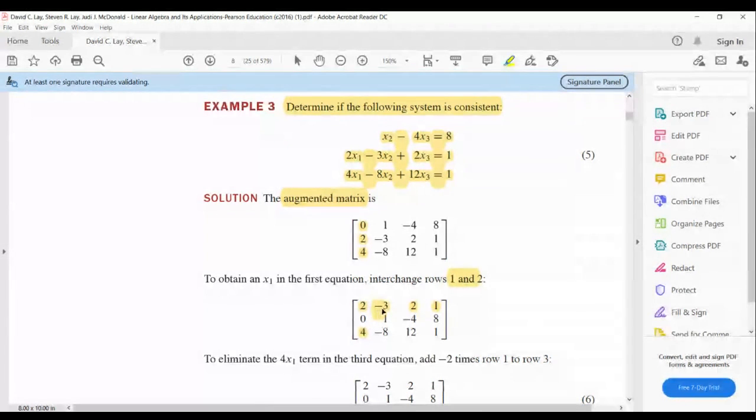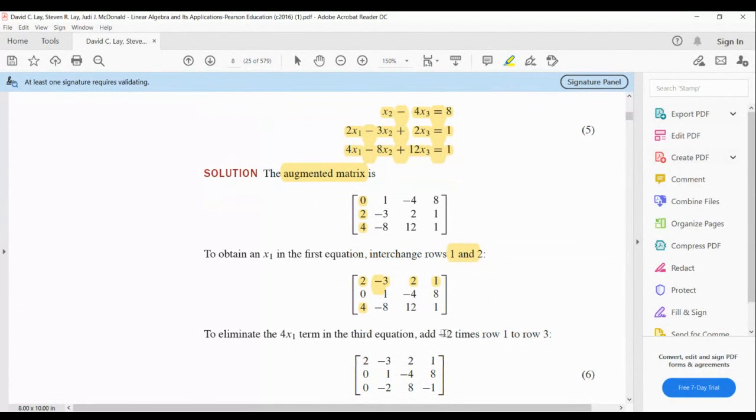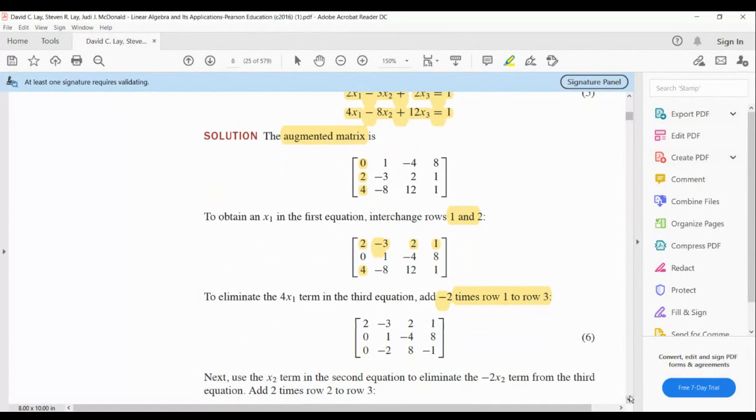But that's going to introduce fractions. That's okay, but look, it's no big deal to take -2 times row 1 and add it to row 3. Okay, it's no big deal to do that. And if we do that, we're going to end up with this augmented matrix here. Okay, so just let me know if you have any questions.